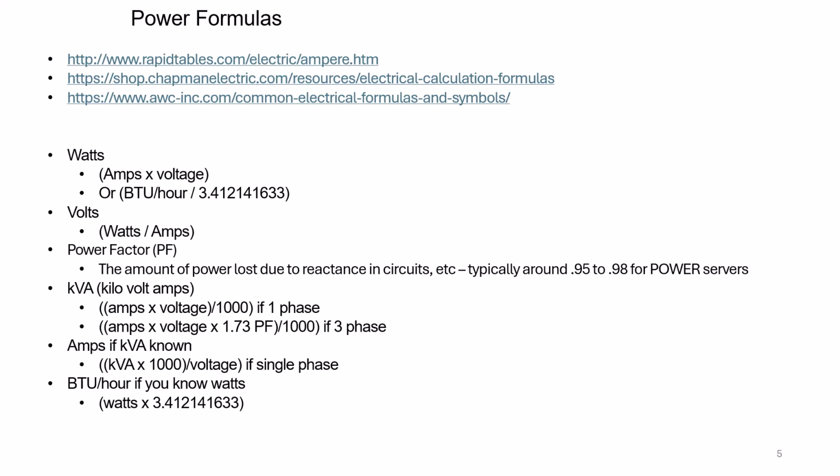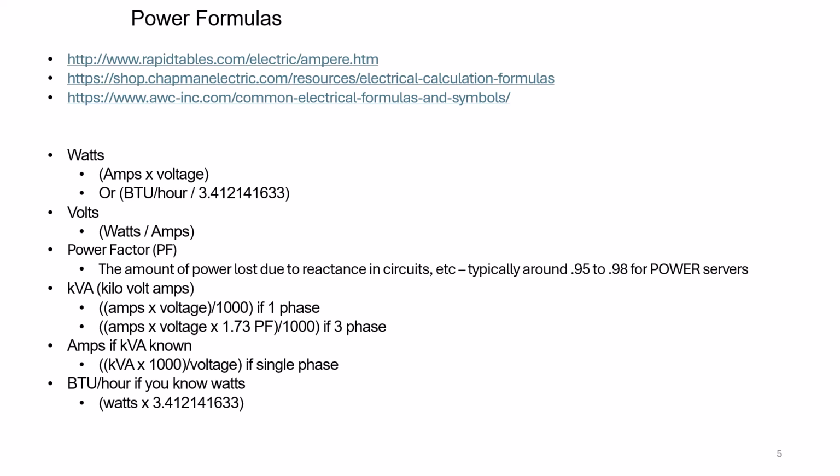There are different ways to figure out watts, volts, and there's also something called a power factor. So the power factor, which you will see quoted in some of the power documents for the power servers, is actually of the 100% power that could be there, what percentage do you really get to use of that power, because you're going to lose a little bit because of circuits and latency and things like that.